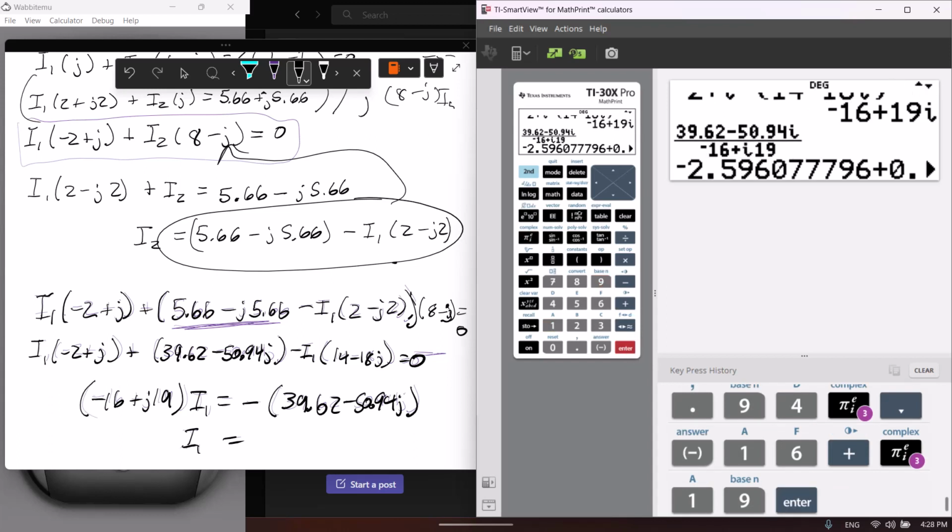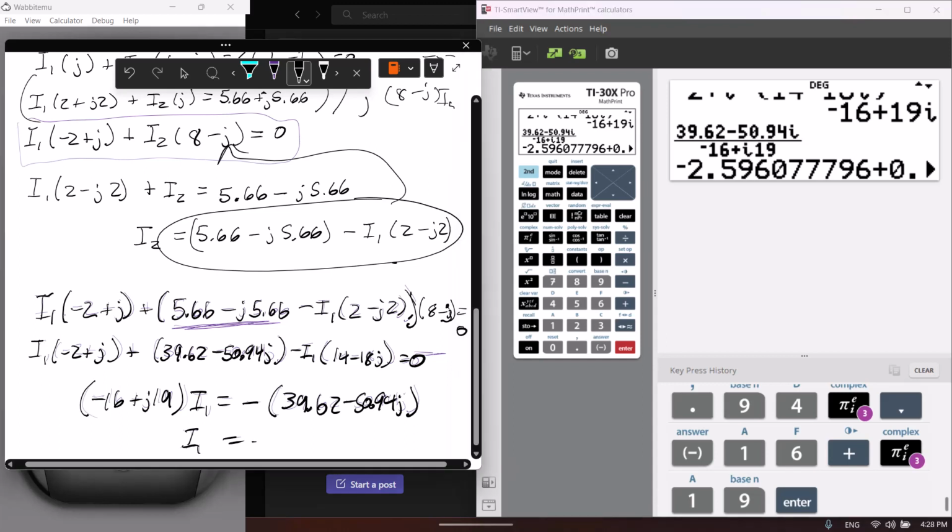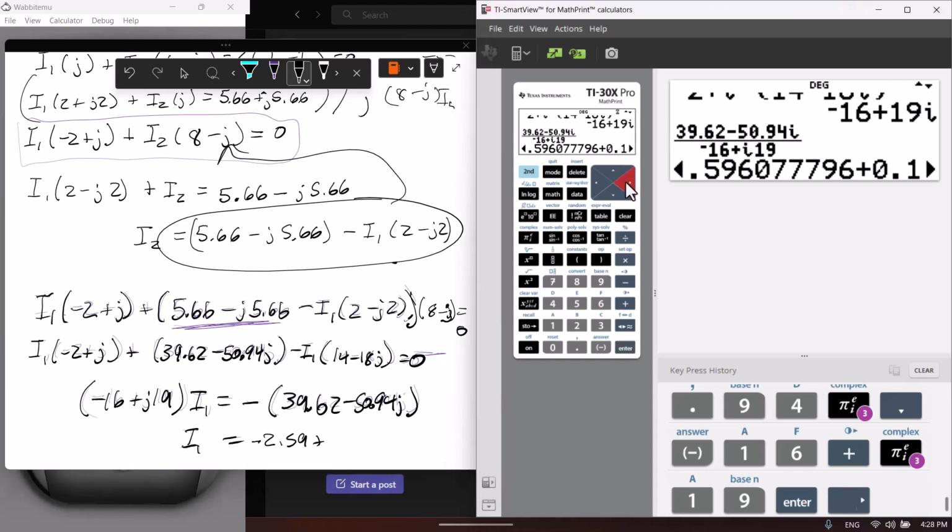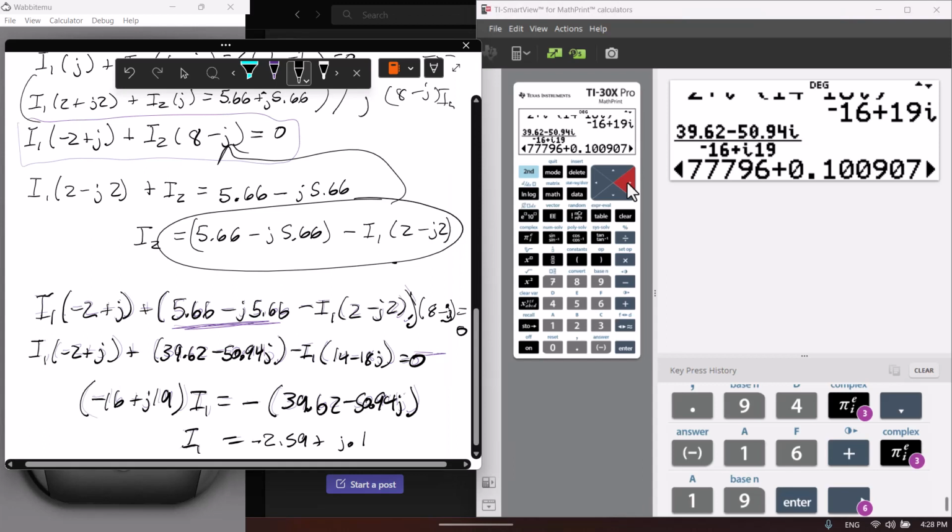They don't give a separate answer for I1. So I1 is minus 2.59 plus j0.1.